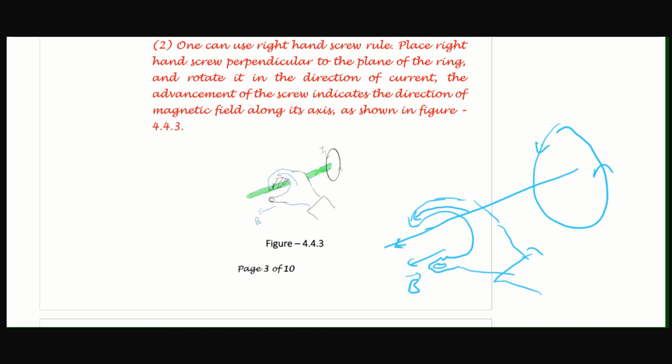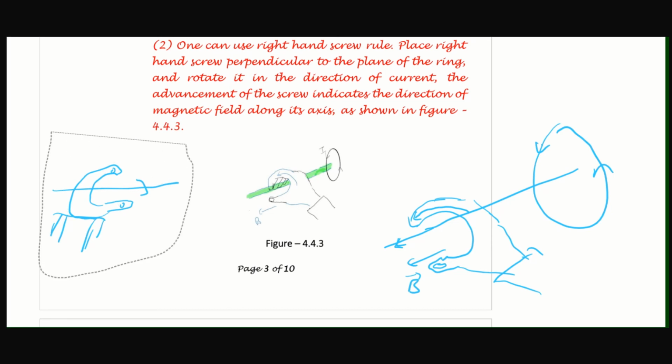And if you have a straight wire, and you keep your thumb in the direction of current, then your fingers will indicate the direction of magnetic field around the wire. Bear with the drawing.